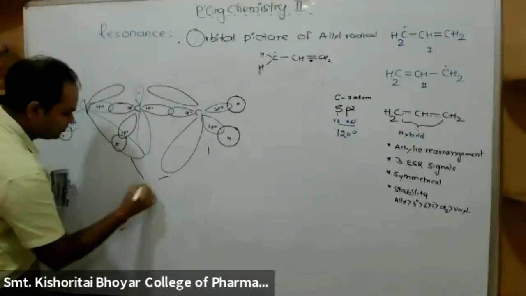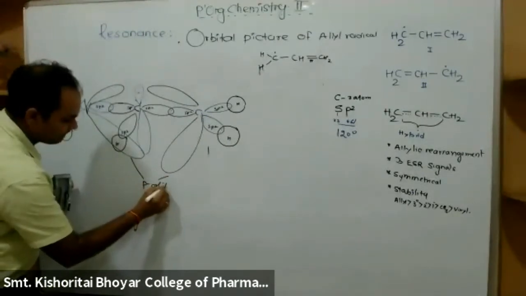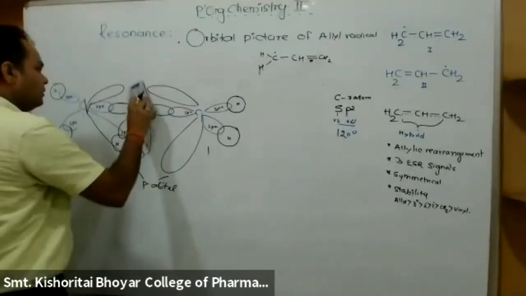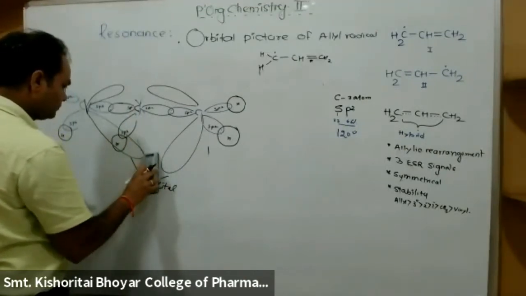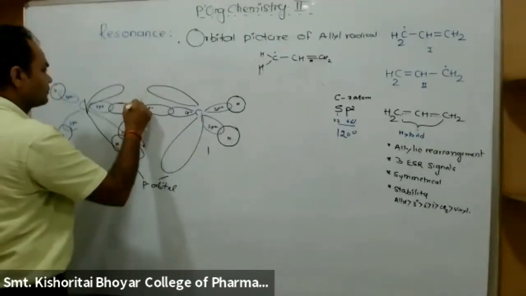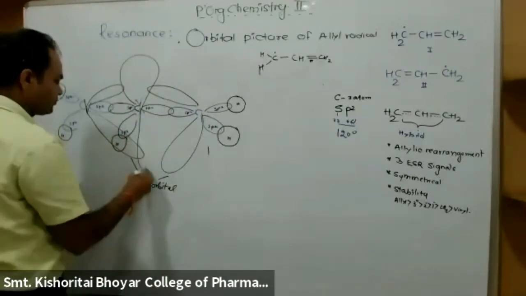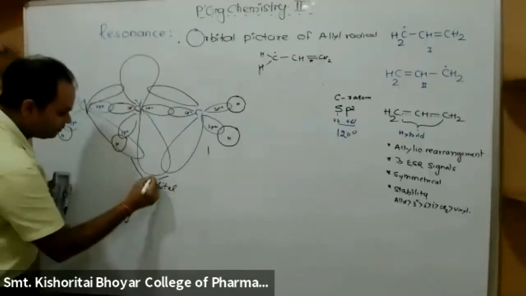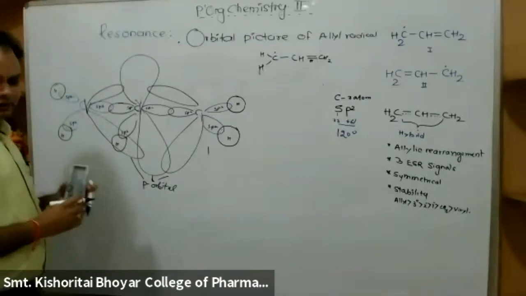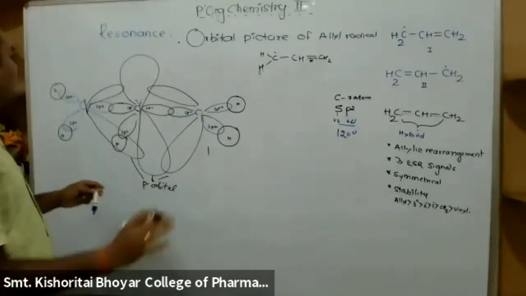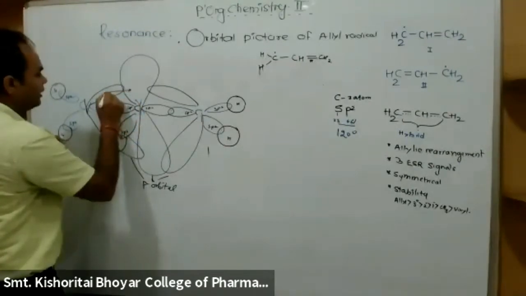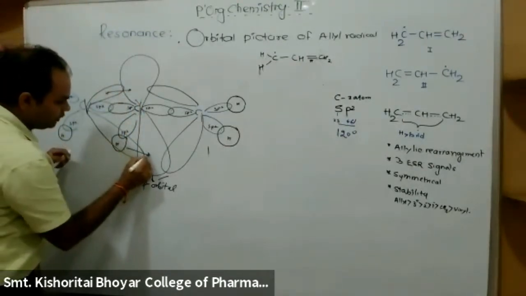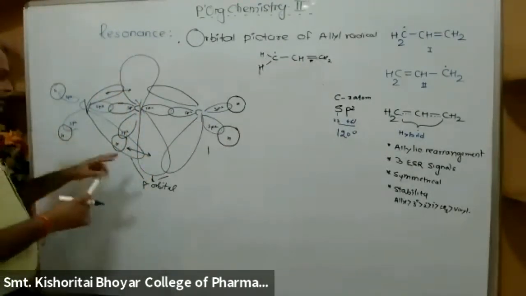This is a p orbital. This is again a p orbital. So you will get the overlapping like this, giving a molecule or contributing structure like this.